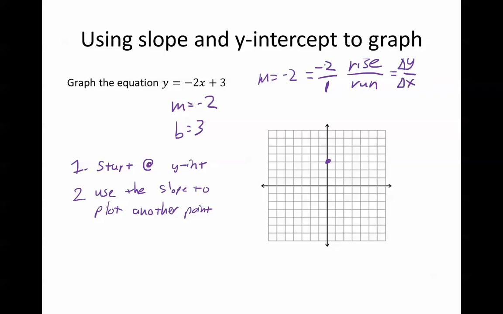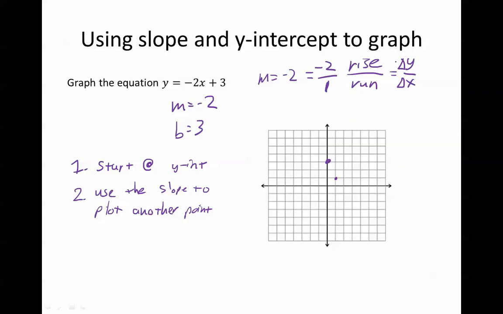So -2 is my y change, which means I'm going to go down 2, but then +1 is my x change, so I'm going to go right 1. And you will notice that I get a point right there, which is enough to actually graph my line.